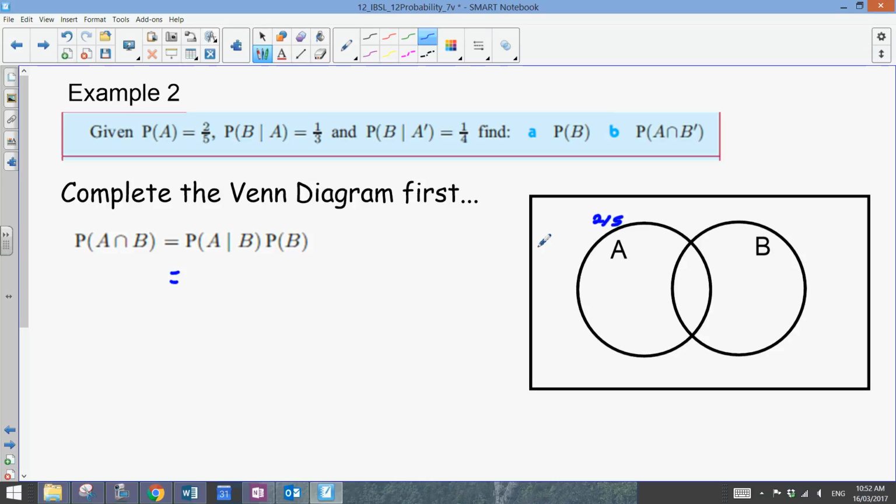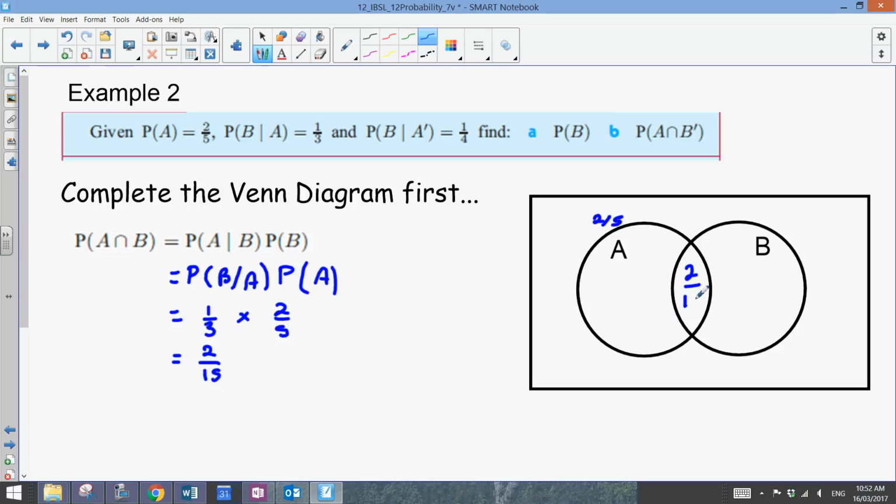We're going to go back to the formula that we were given, saying that probability of A given B times probability of B. The A's and B's are interchangeable, so we could also say probability of B given A, multiplied by probability of A. So probability of B given A is 1/3, and that's 1/3 of 2/5. So that intersection is going to wind up being 2/15.